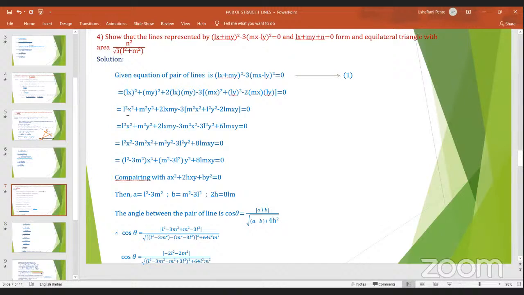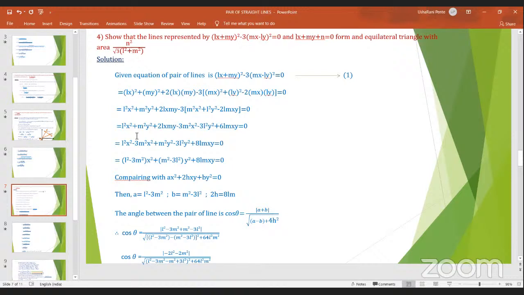Now we have l square x square plus m square y square plus 2lm xy, minus 3 into m square x square plus l square y square minus 2lm xy, is equal to 0. That is l square x square plus m square y square plus 2lm xy, multiplying 3 inside, so minus 3m square x square minus 3l square y square plus 6lm xy is equal to 0.